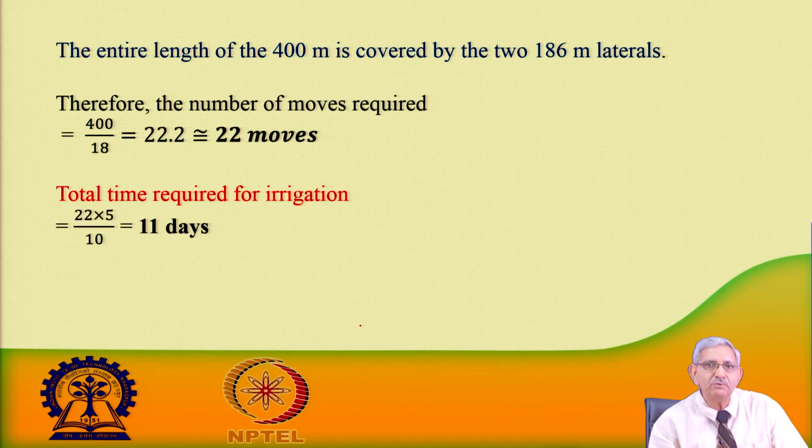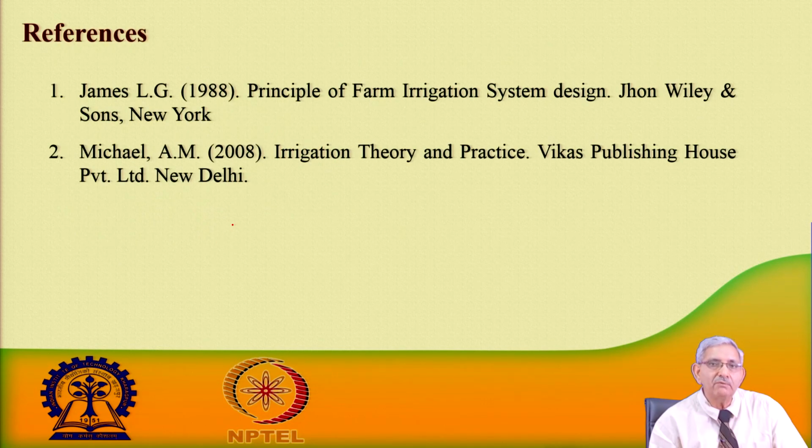there will be 22 moves, and the total time required is 22 into 5, divided by 10. Because there are 10 hours per day, it will need 11 days. The time required for irrigation is 11 days.